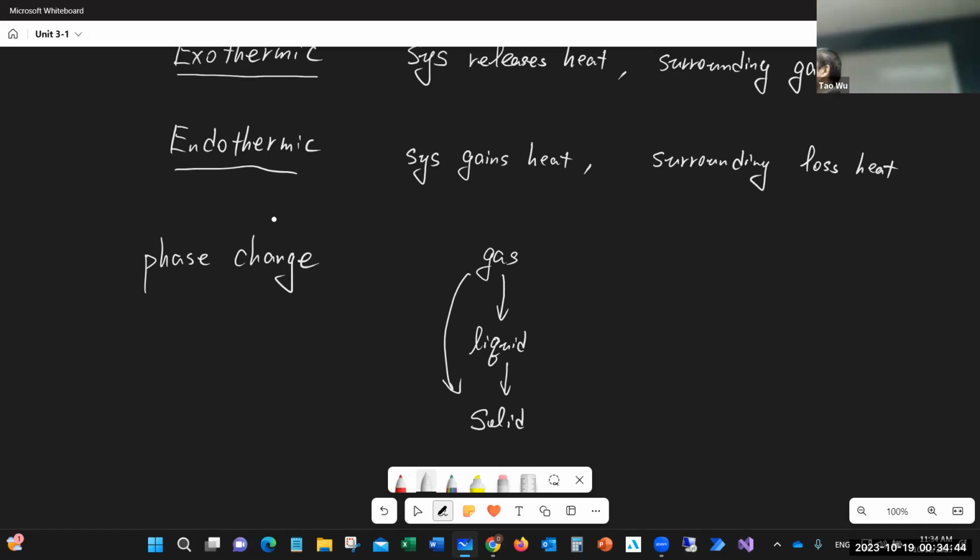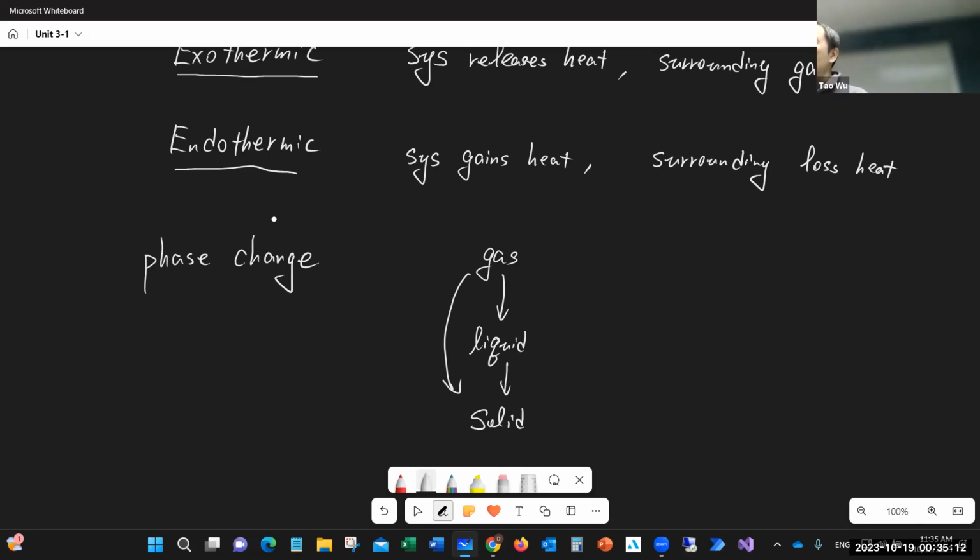Because gas is above 100 Celsius for water, and then it needs to become liquid water. So the temperature is going to decrease. That means the heat will be released out. That makes sense, right? So from the higher temperature state to the lower temperature state, you need to release heat. Once you release heat, it is an exothermic process.